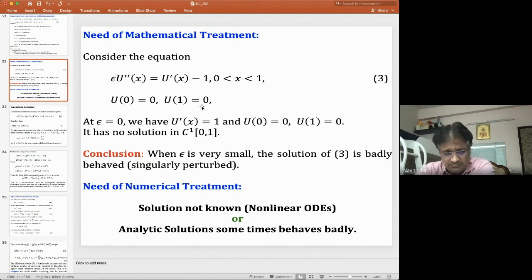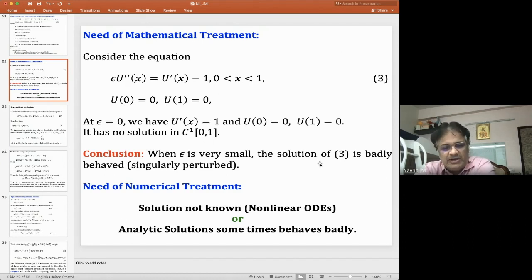If we take epsilon equal to 0, that is, epsilon very close to 0, then this equation is basically u prime(x) equal to 1, and the solution of this, along with the conditions u(0) is 0 and u(1) is 0, has no solution. So when epsilon is very small, the solution of equation 3 is badly behaved. Such an equation is called singularly perturbed.